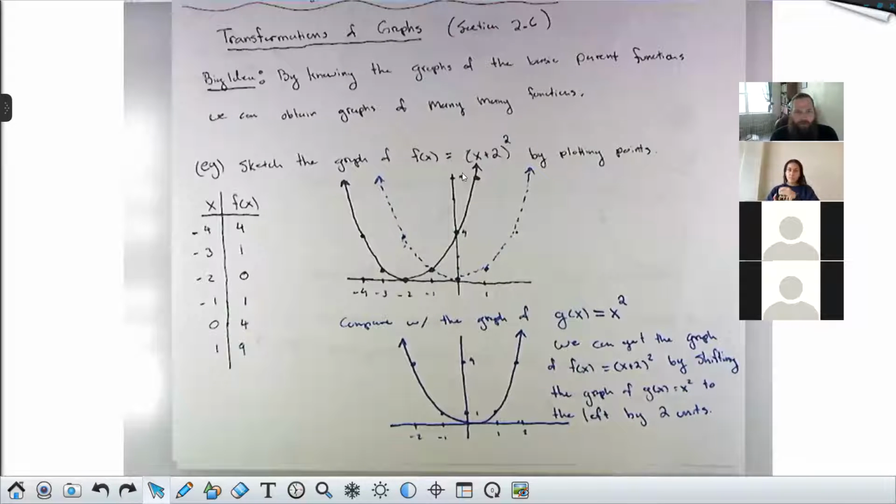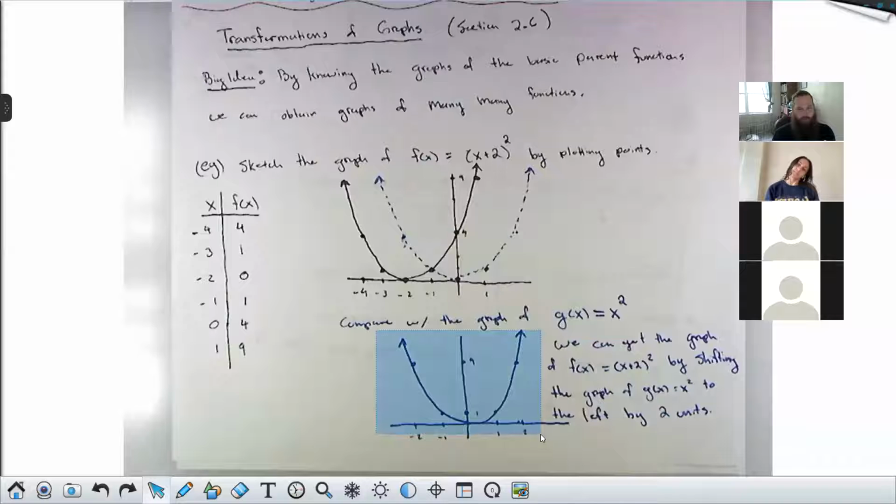What this is hinting at is our first transformation rule. And that's that adding and subtracting on the inside of a function. Everywhere you have an x in the original, replace it by x plus 2. That will shift that graph to the left by 2 units. If I replaced x everywhere by x minus 3, that would shift it to the right by 3 units.